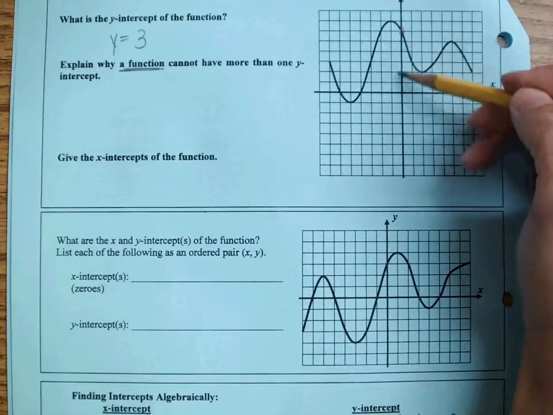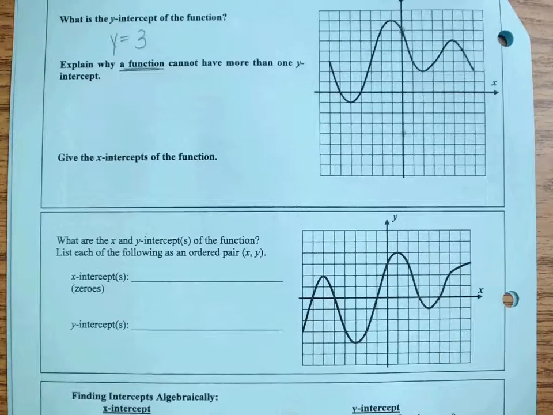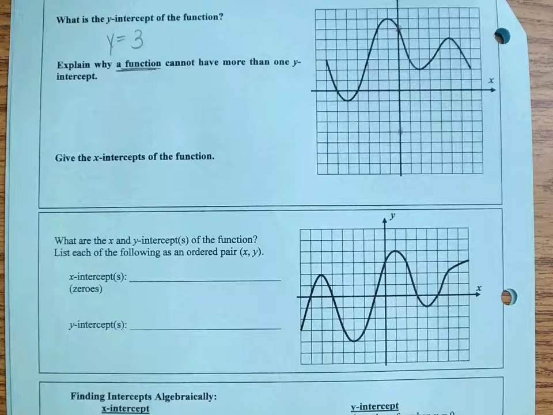If it had another y-intercept, let's say all the way down here, if a function had more than one y-intercept, then it would have more than one output for the input, and then it would make it not a function. Okay, so let's go ahead and write that down.